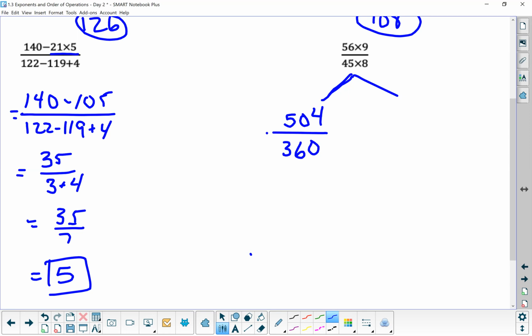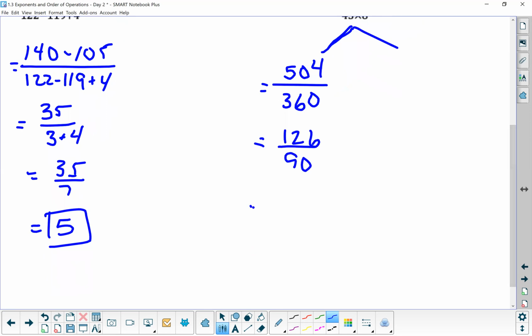Well, let's see. 4 divides evenly into both. So we would get 90 in the denominator, and in the numerator, 126.